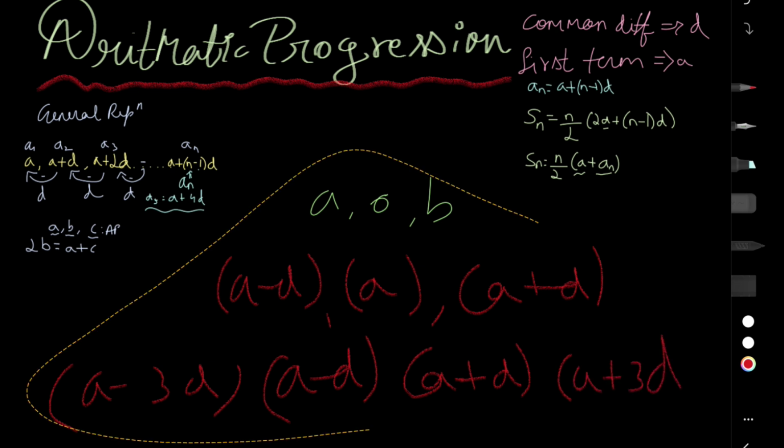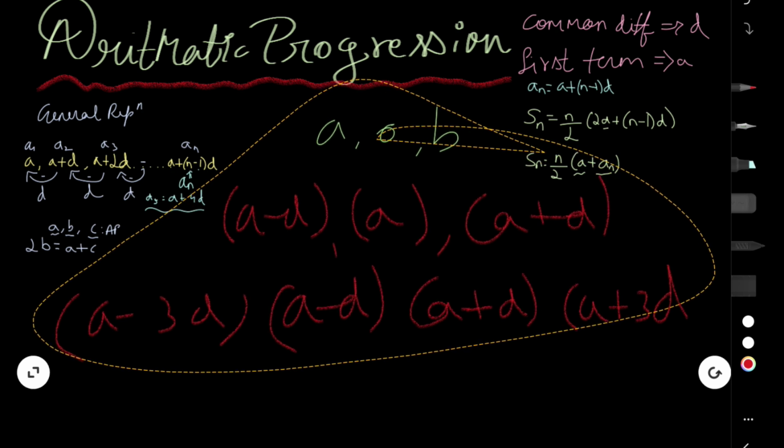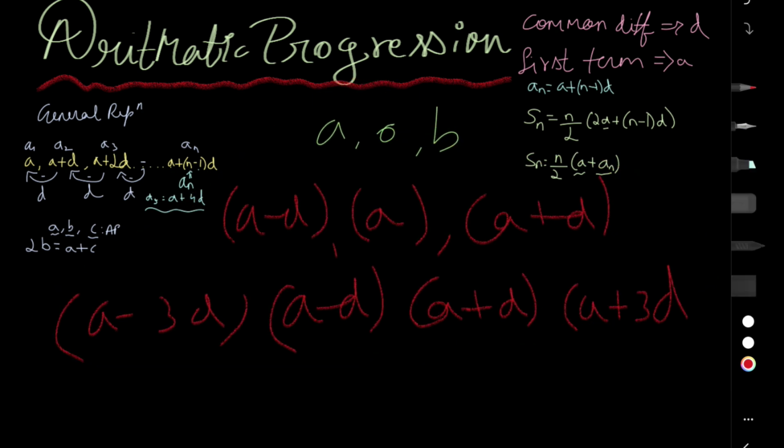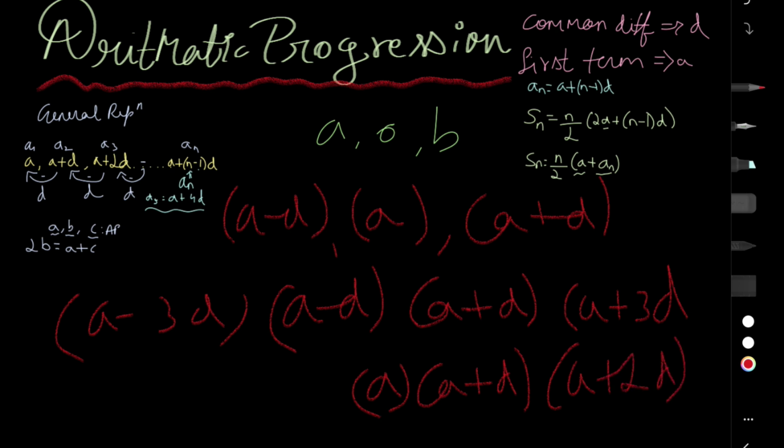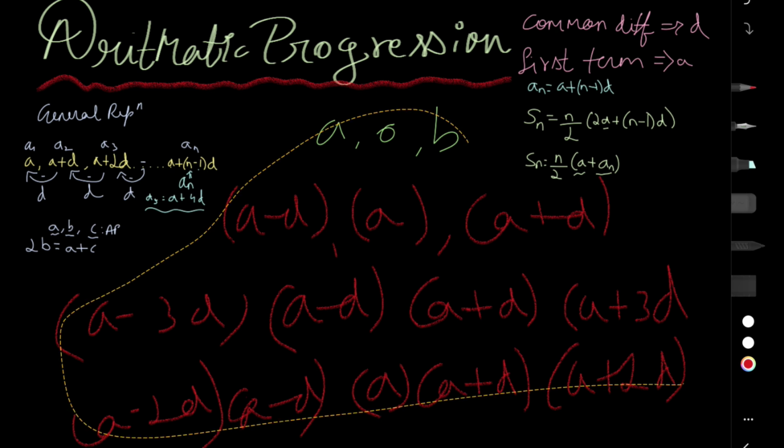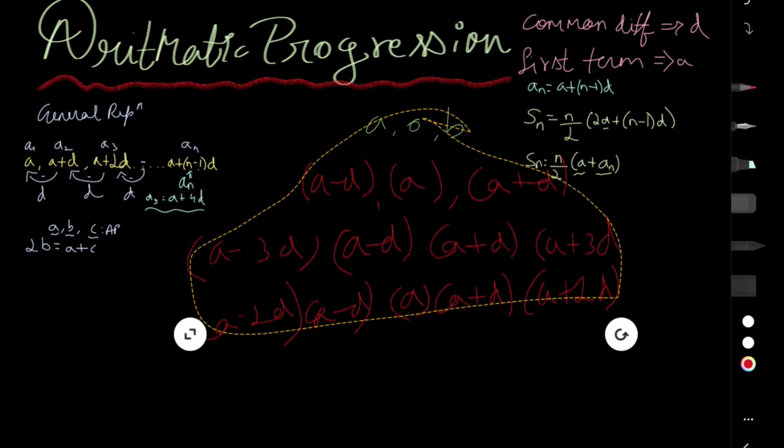So the 3 number format and 4 number format are done. Now for the 5 number format: a minus 2d, a minus d, a, a plus d, and a plus 2d. How it will help you, I will explain that later.